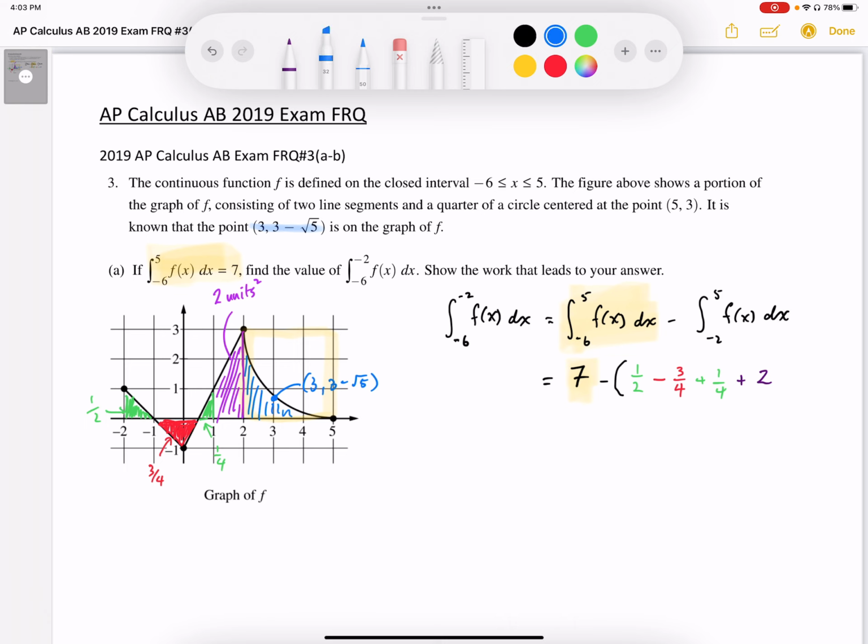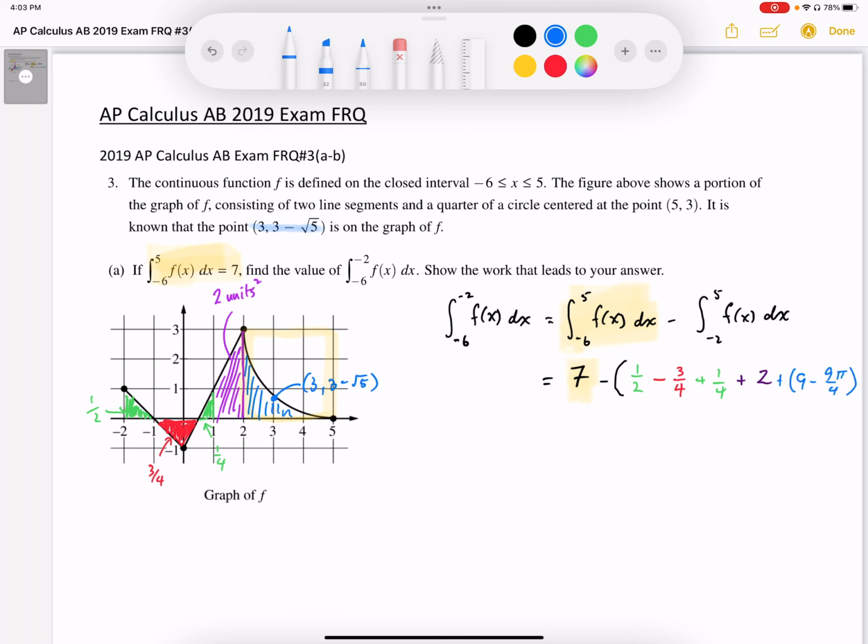I write this in blue here, plus that area of 9, and we're going to take away the quarter circle, with a radius of 3, so it's going to be 3 squared pi divided by 4, which is 9 pi over 4.